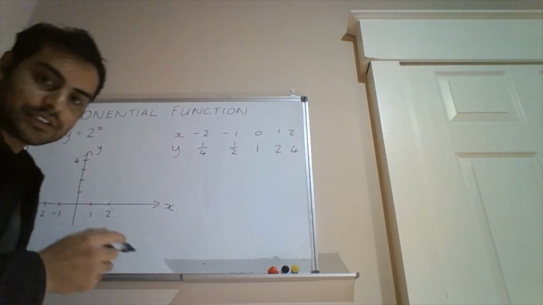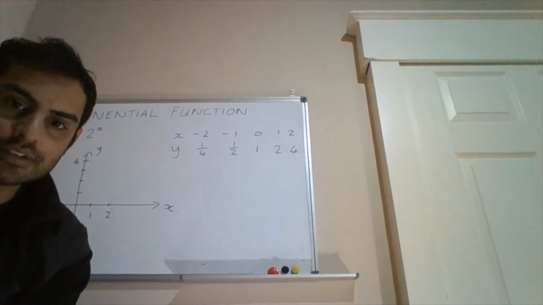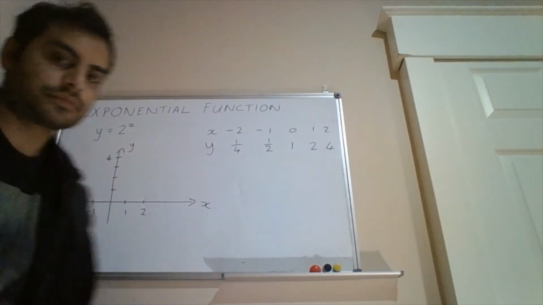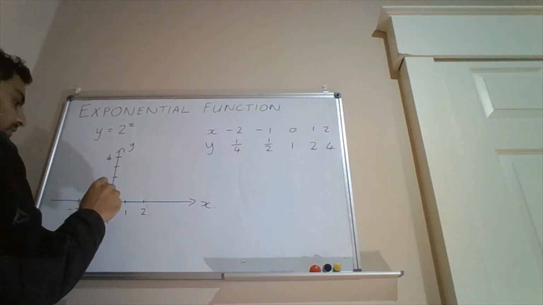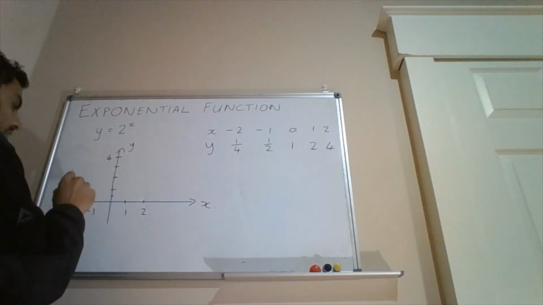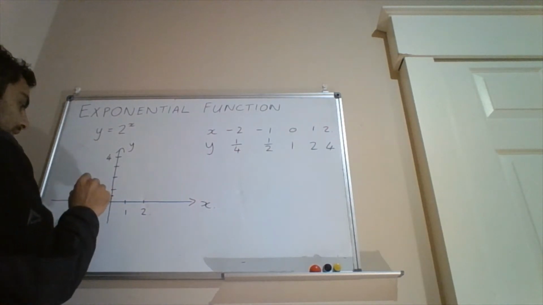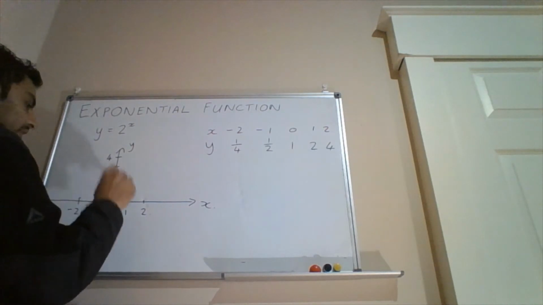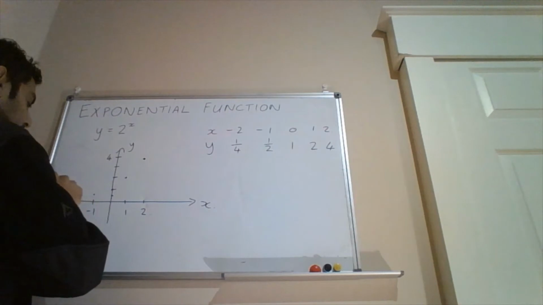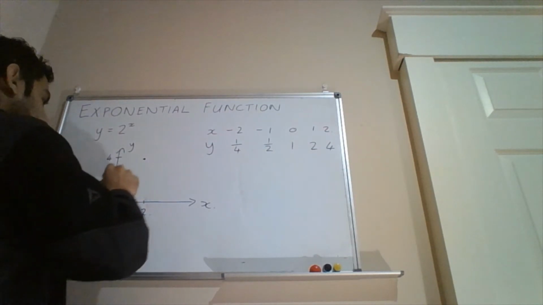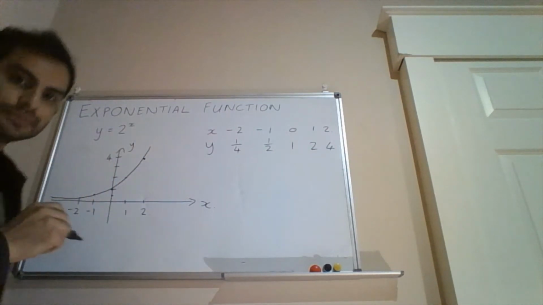So now let's plot these values. We have -2 and a quarter, -1 and a half, 0 and 1, 1 and 2, and 2 and 4. So our graph looks something like this.